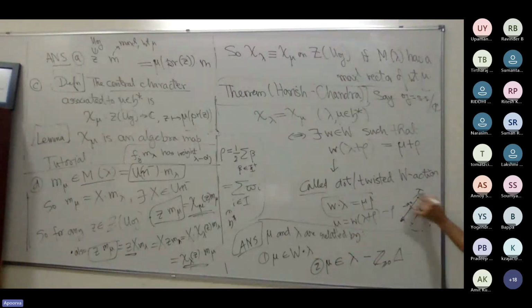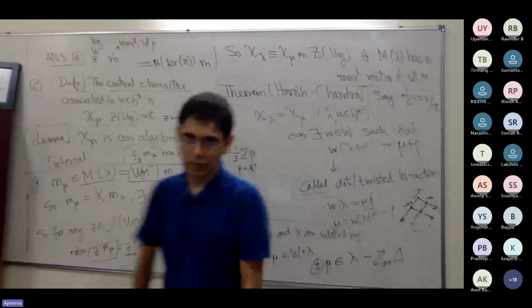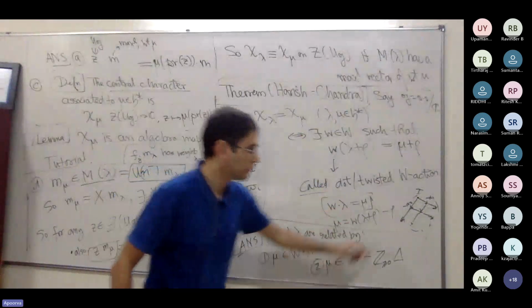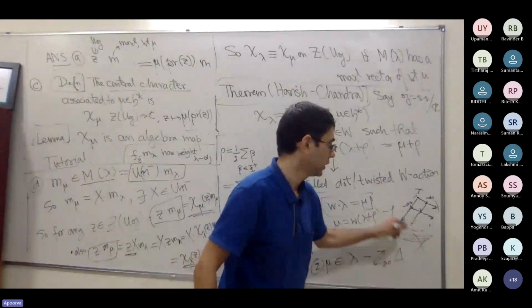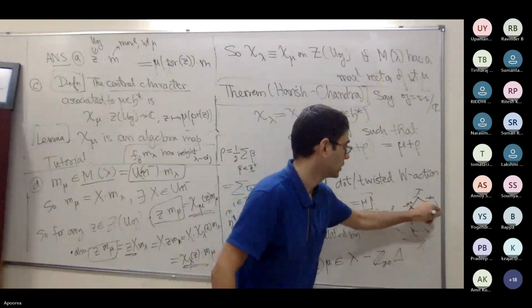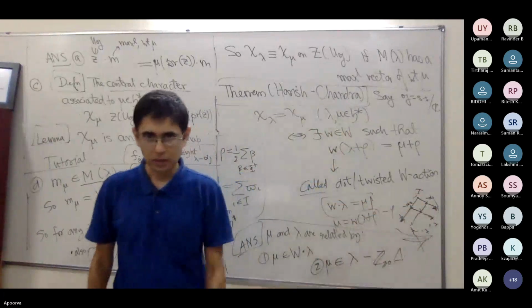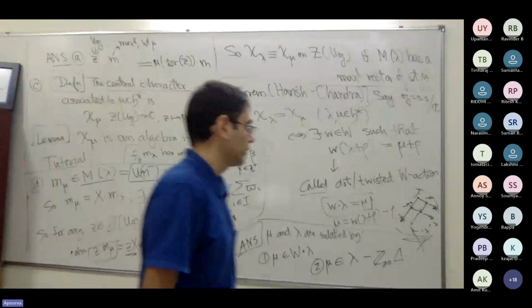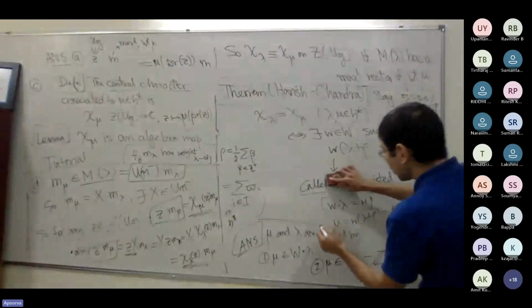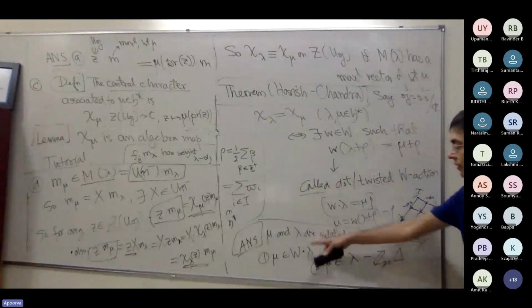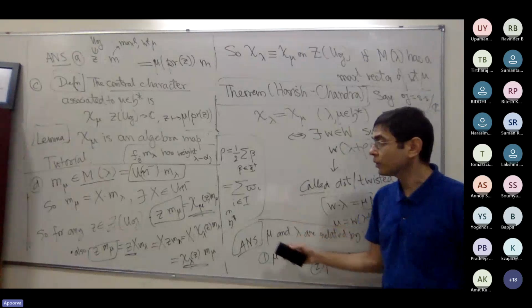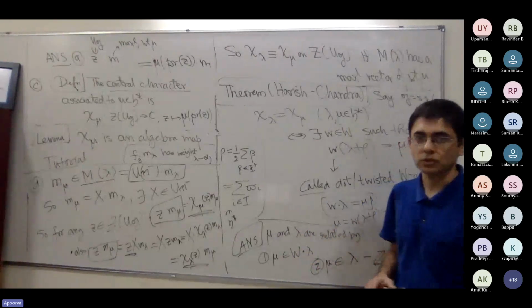So that makes it belong only to a very few set of points. It can't belong anywhere outside. So this already places severe restrictions on what kind of submodules you can get inside the Verma module.